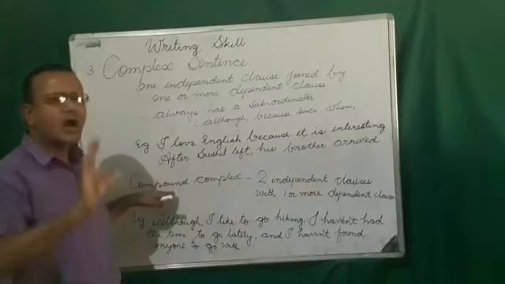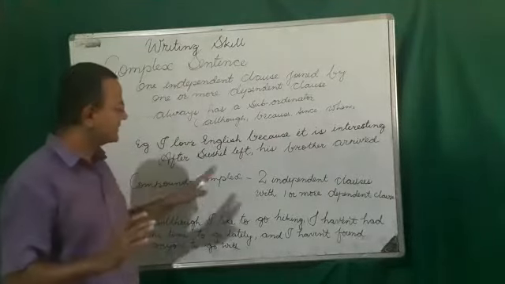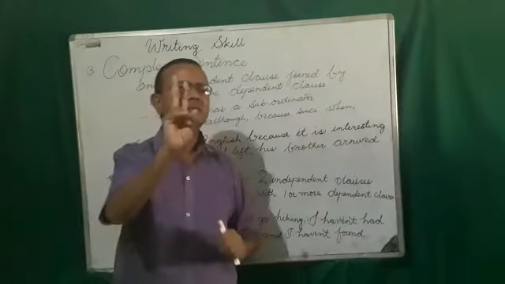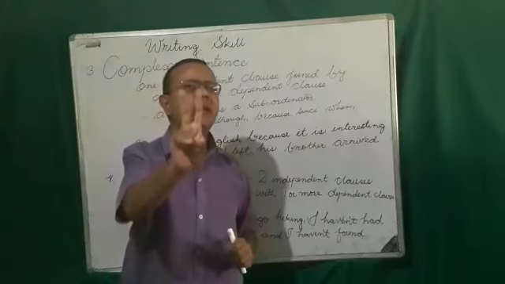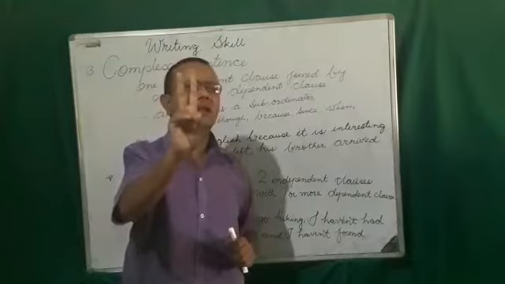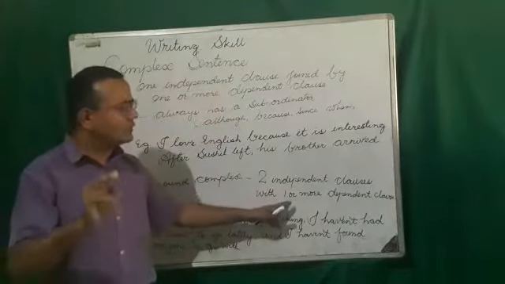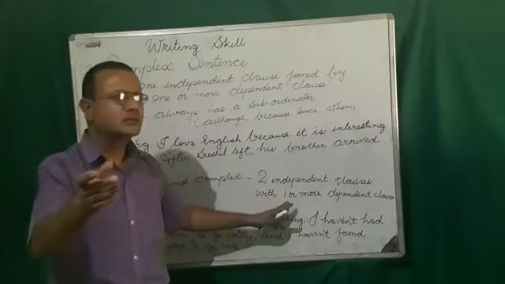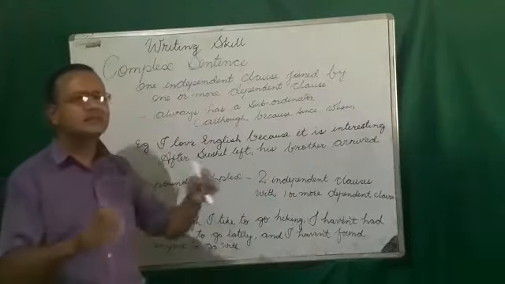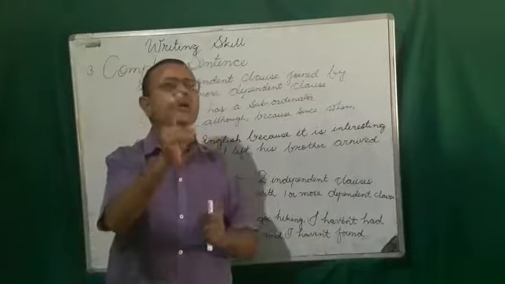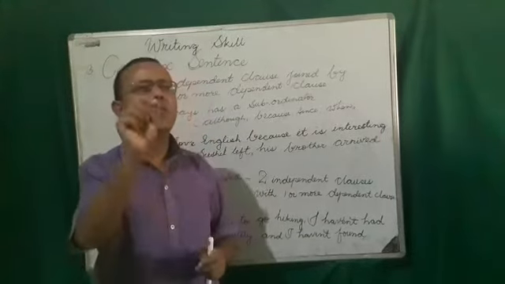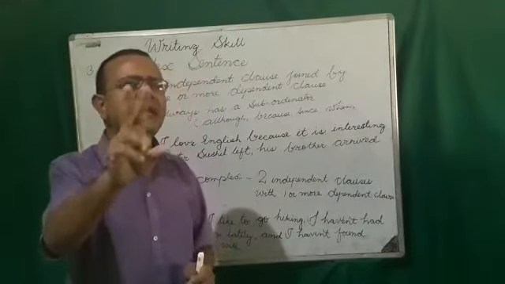Next, the compound complex sentence. A compound complex sentence has two independent clauses, two main clauses, two thoughts, with one or more dependent clauses. A compound complex sentence consists of two independent clauses and one or more dependent clauses.